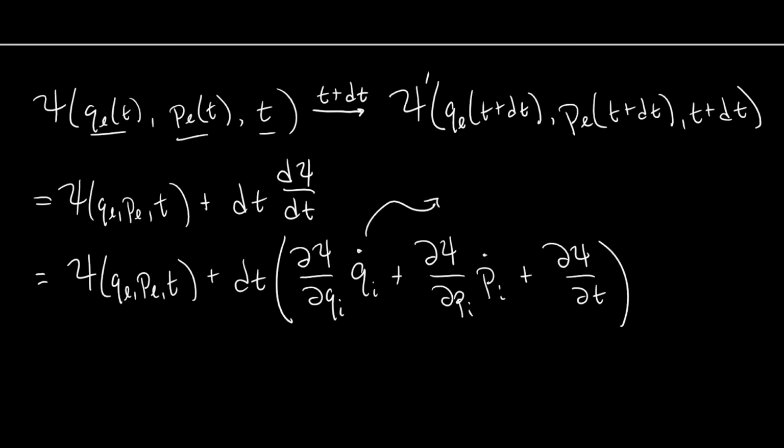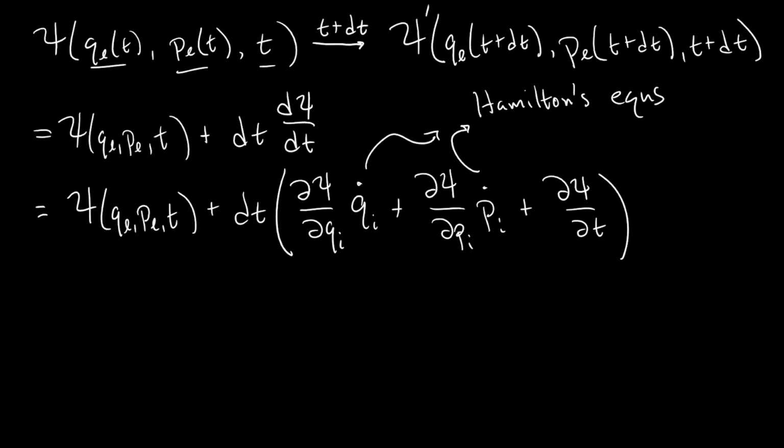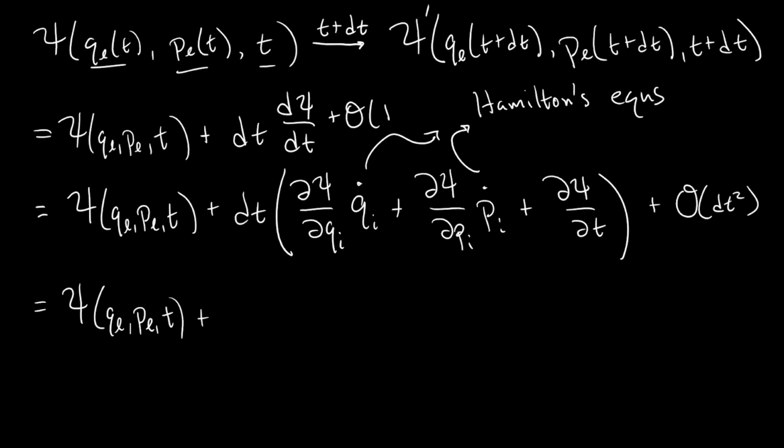But now I can rewrite both of these using Hamilton's equations. And I get psi of q, p, t plus, and of course this is plus order dt squared terms. Always make sure to write those in.